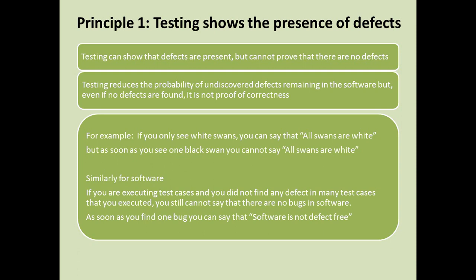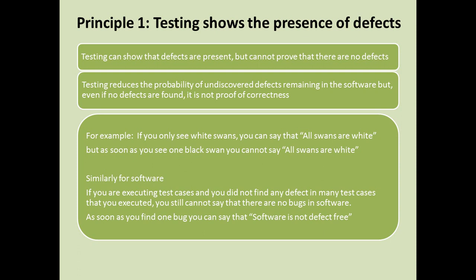As soon as you find one bug, you can say that the software is not defect free. So just understand the context of the swans: as soon as you see the black swan, you cannot say that all swans are white.